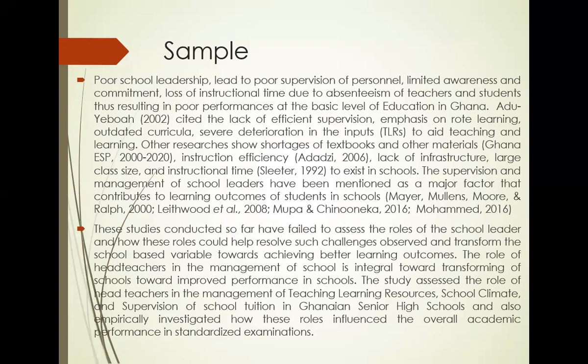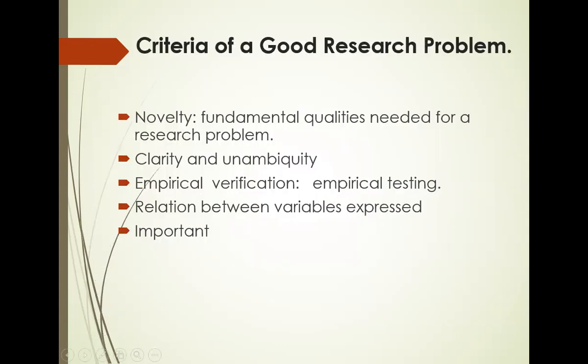Now, moving on to the conclusion, we've looked at the problem statement, which is the main issue when it comes to writing up your chapter 1. These are some criteria which you need to look at. We said research problems should be novel. There should be clarity, no ambiguity, in the write-up.